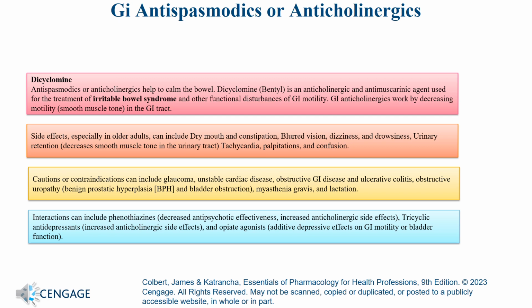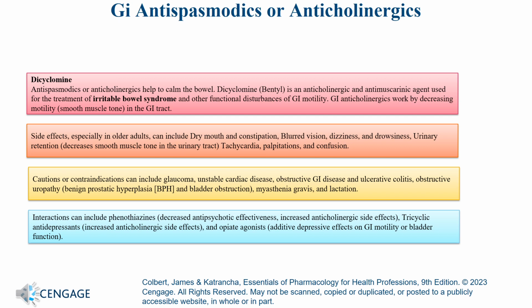The GI anticholinergics work by decreasing motility, which is the smooth muscle tone in the GI tract. Your side effects, especially in your older adults, can include the items that you see on the screen: dry mouth, constipation, blurred vision, and many more that you see.